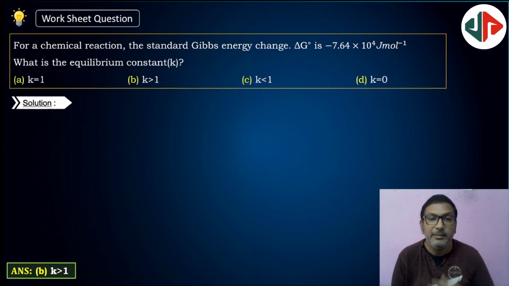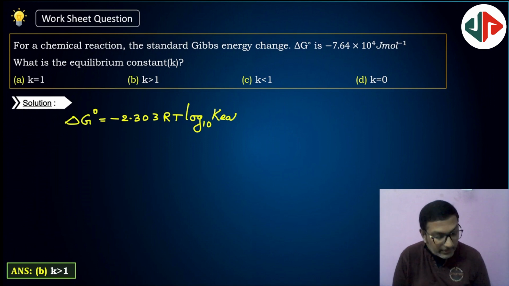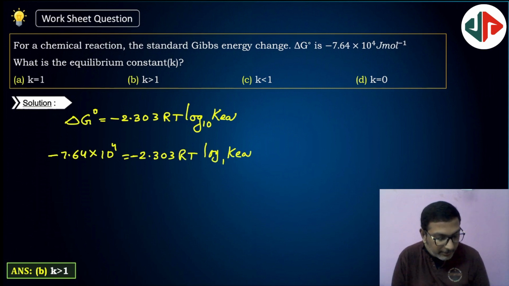Next. For a chemical reaction, the standard change in free energy is minus 7.64 into 10 power 4 joules per mole. What is the equilibrium constant? Here we should find the relation. So delta G naught equals minus 2.303 RT log K equilibrium, which is base 10. Here it is given minus 7.64 into 10 power 4 equals minus 2.303 RT log K equilibrium base 10.